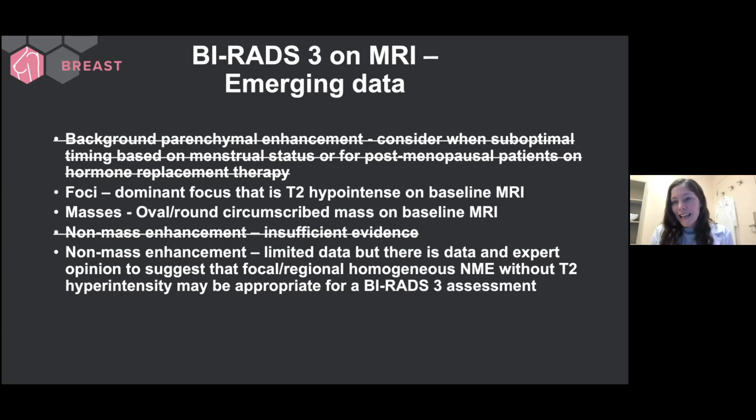I did show an example of that, but I want to emphasize that there's not really robust data to support this. We'll need to continue following the literature and studying this topic to clarify which cases of non-mass enhancement we can safely give a BI-RADS 3 to and follow rather than biopsy, and which cases we can consider to be just part of the normal background enhancement and give a BI-RADS 2.